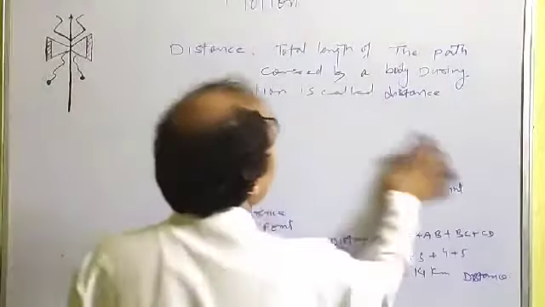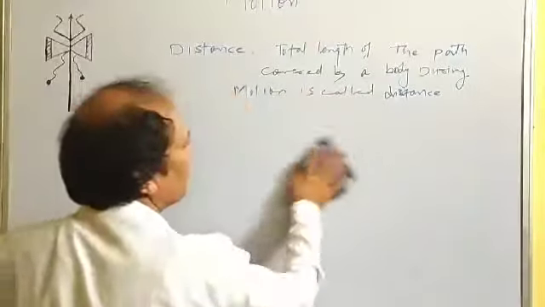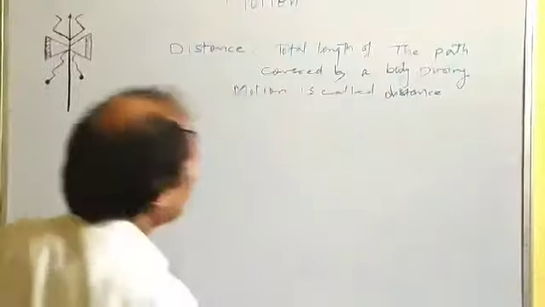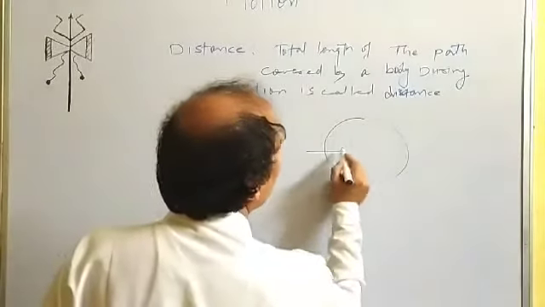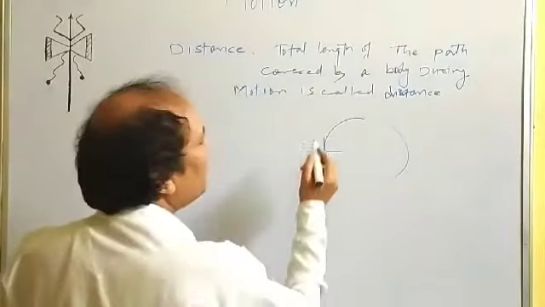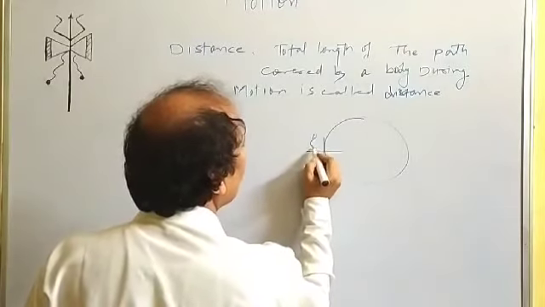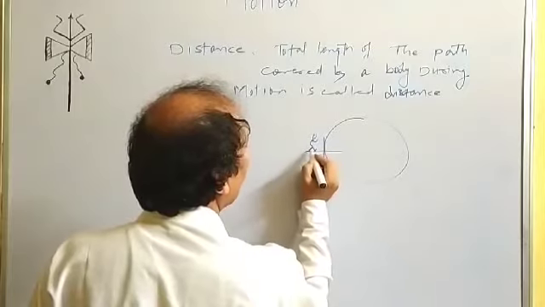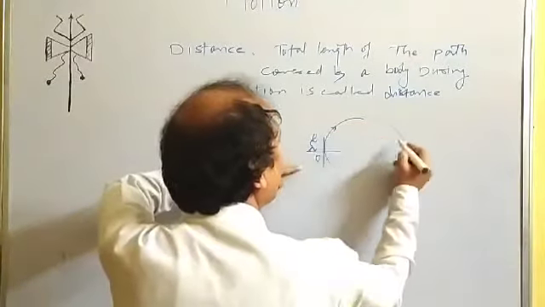Example, suppose a person is moving on a circular path.